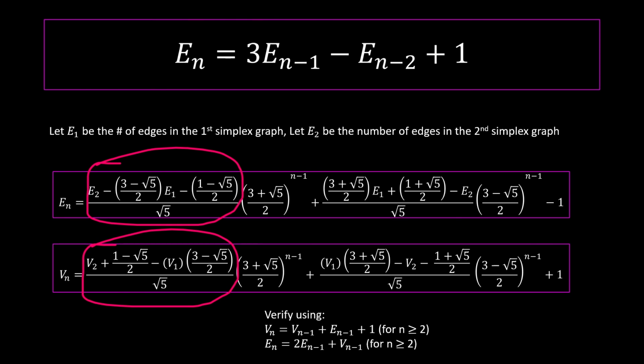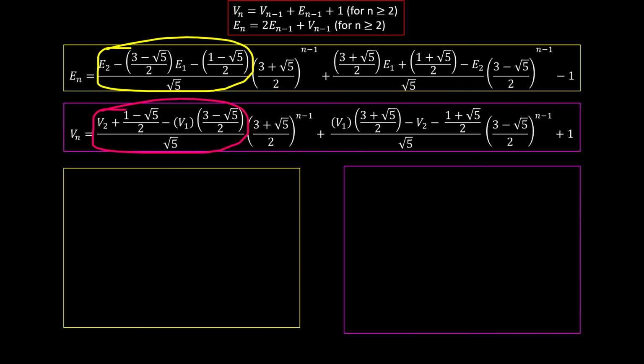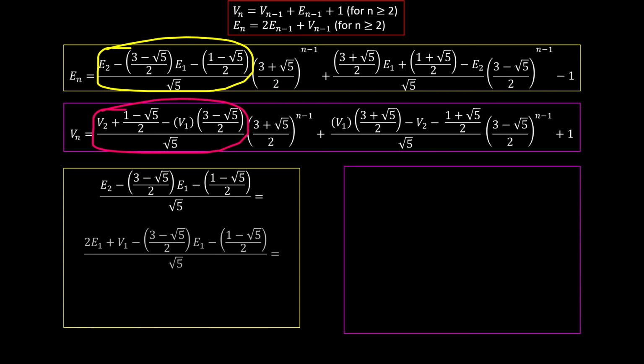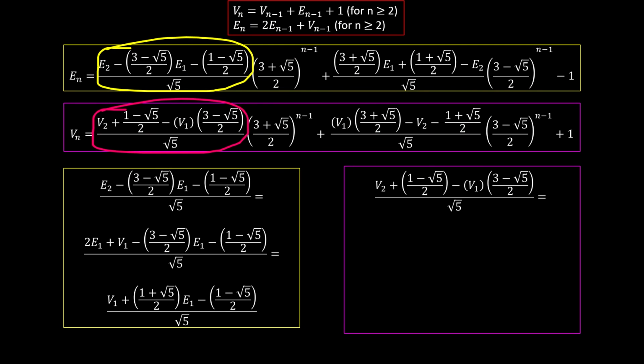Here's the verification. We're going to take the coefficient in yellow and substitute 2 times e sub 1 plus v sub 1 for e sub 2. Then we're going to take the coefficient in pink and substitute v sub 1 plus e sub 1 plus 1 for v sub 2.